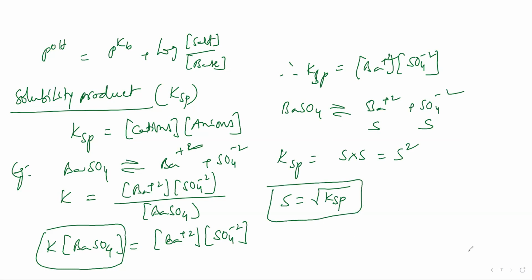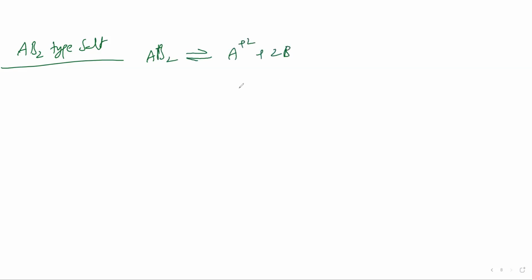Let us suppose we consider an AB2 type salt. What does that mean? AB2 gives rise to A plus 2 plus 2B minus.